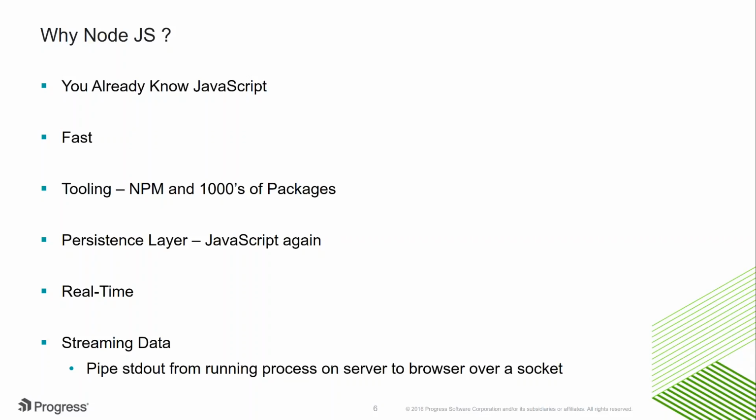Not only that, you can use the same JavaScript mechanisms for connecting to your persistence layers. For example, there is a database called MongoDB, or any NoSQL database can be easily used, because you take a JavaScript object, stringify it as a JSON string, and then directly store that in the NoSQL database.